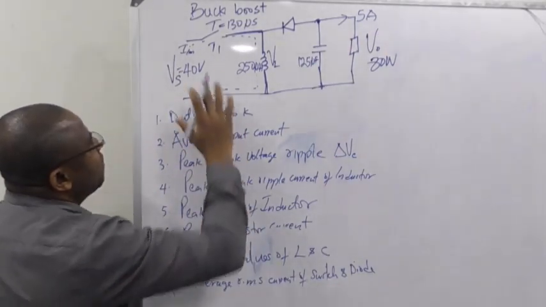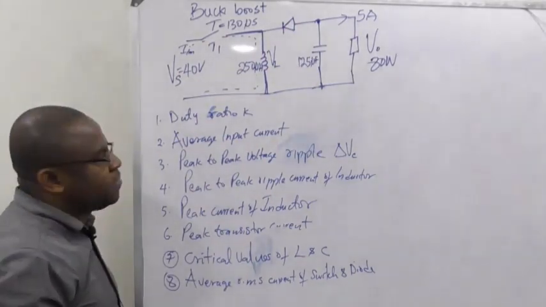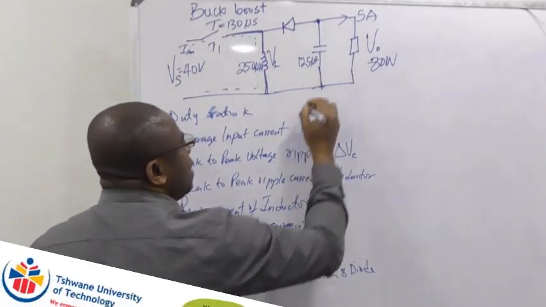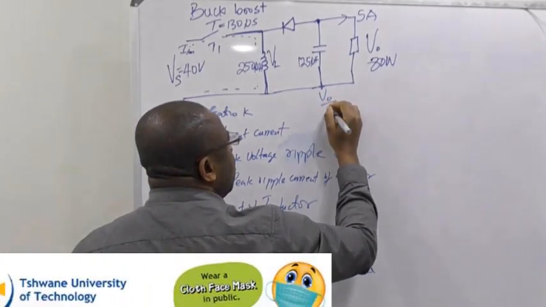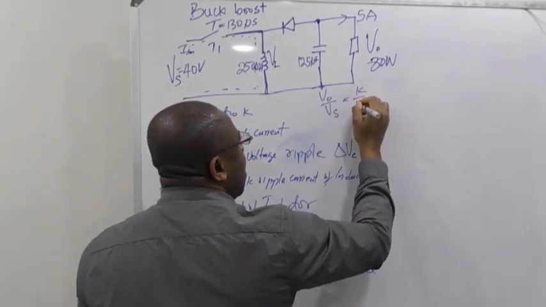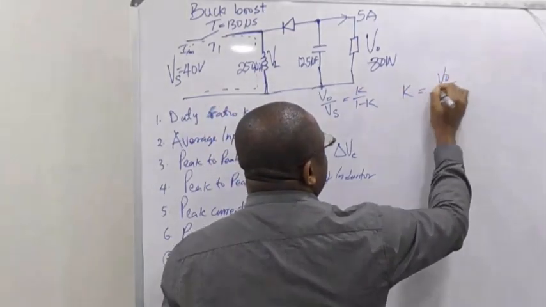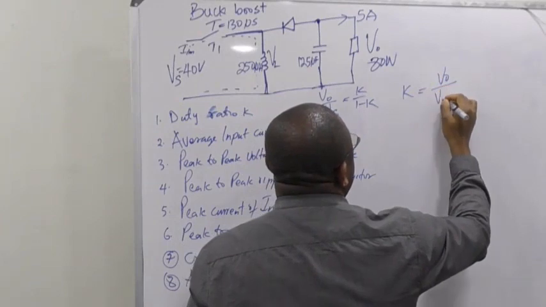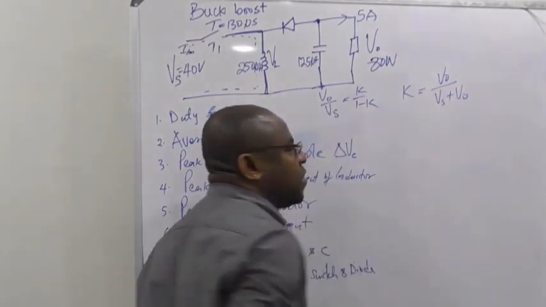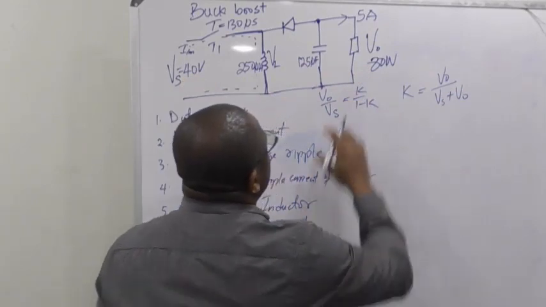Now the question is, from here, you should calculate the duty ratio. Duty cycle, you said VO over Vs is K over 1 minus K. K is VO over Vs plus VO. We don't have VO here, but we have Vs. Let's just get our VO.